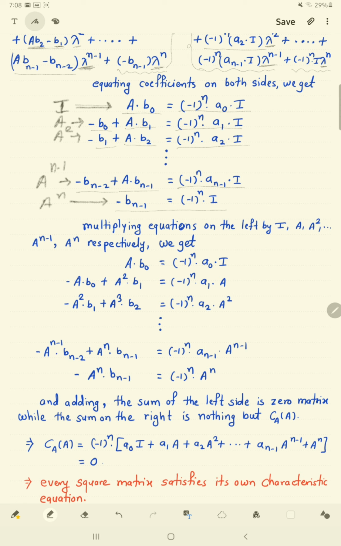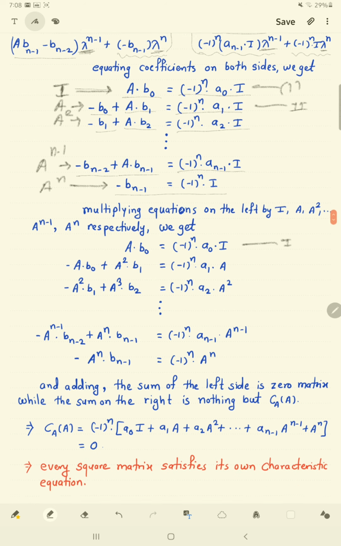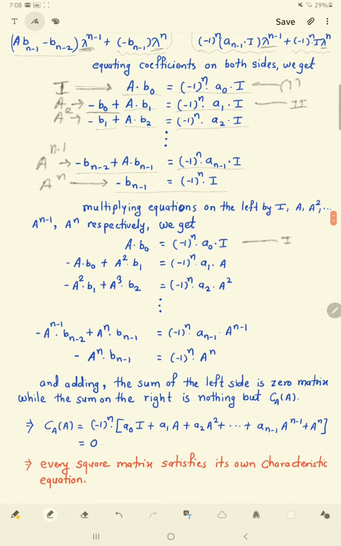So my first equation will be as it is, because the first equation is multiplied by I. For the second equation I multiply by A, so I will get A b naught minus... instead I will get A minus A b naught plus A square b1.